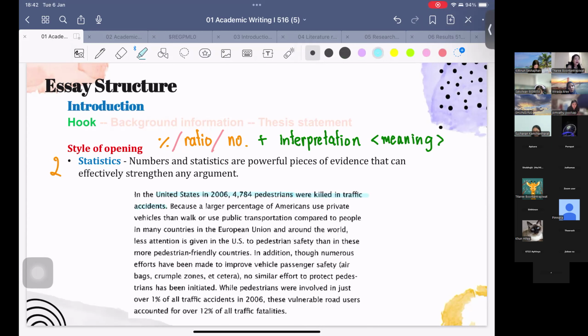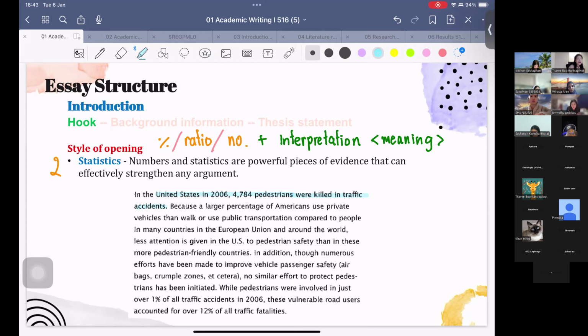If you are a US citizen, you might say, okay, it's not that high a number, because there are a lot of people. So this might not be high, but if you are, let's say, Thai people, you might think this is a high number.